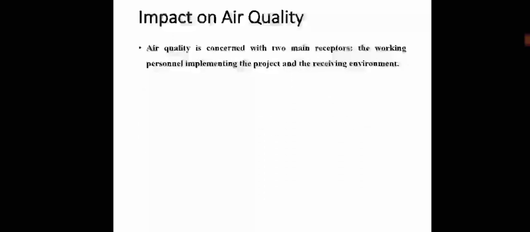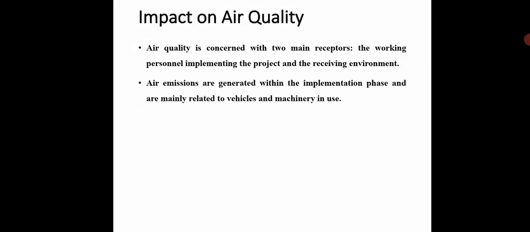Air quality is concerned with two main receptors. One is the working personnel implementing the project and the next one is the receiving environment. Generally, air emissions are generated within the implementation phase, which are related to vehicles and machinery in use.